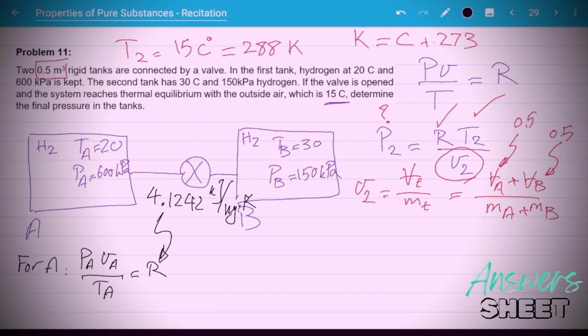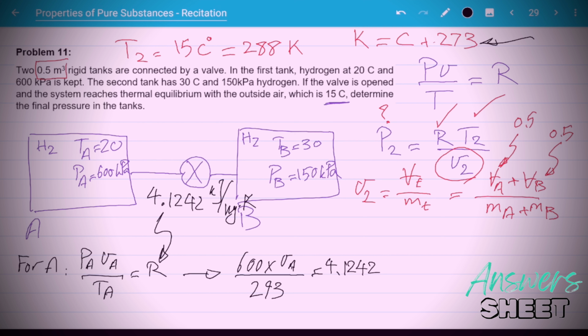Okay, I'm going to plug in some numbers. The pressure is 600. Specific volume is unknown. Temperature is 20 degrees Celsius. Using the conversion equation up here, we know that it's 293 Kelvin, and it's equal to 4.1242.